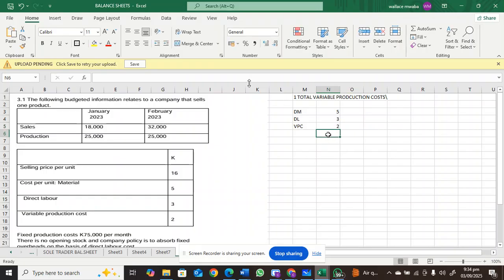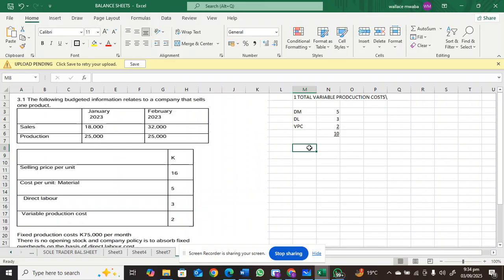So we get our total variable cost: 5 plus 3 plus 2 is 10 kwacha per unit. This is what we're going to value our inventory with. Whatever number of units we produce, we're going to value them at this 10 kwacha. So this is our total variable production cost for each unit, 10 kwacha per unit.